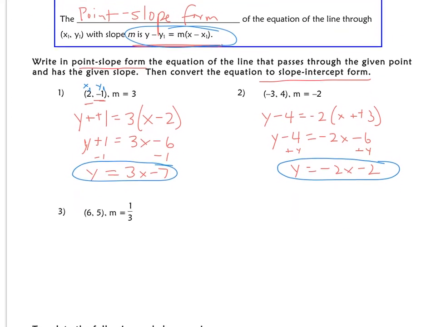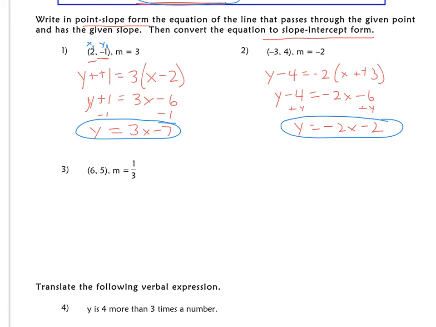Alright, example 3. The only difference here is now we have to deal with a fraction. We keep doing the same thing. So it's y minus the y value, which is 5, equal to 1/3 times (x minus 6). I distribute.